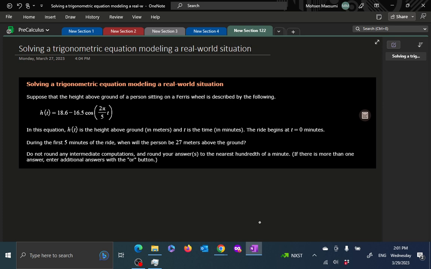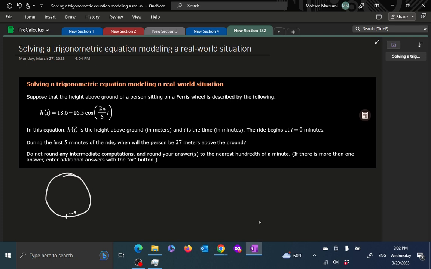So, what's the idea? The idea is that we have a Ferris wheel. When you start your ride at the bottom, you turn one way or another. The ones that I have seen, typically they turn counterclockwise.